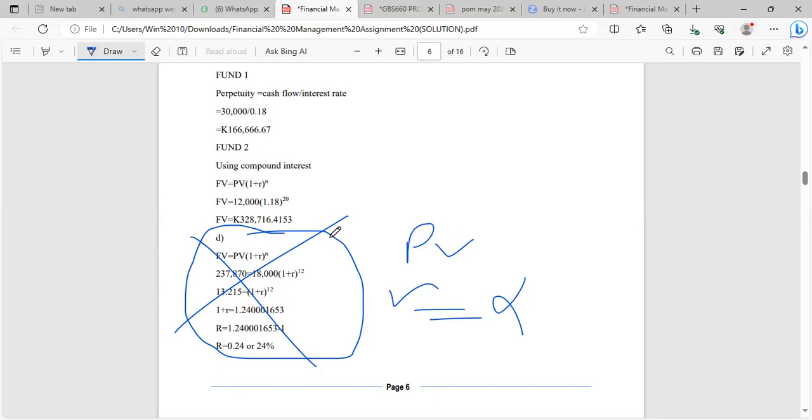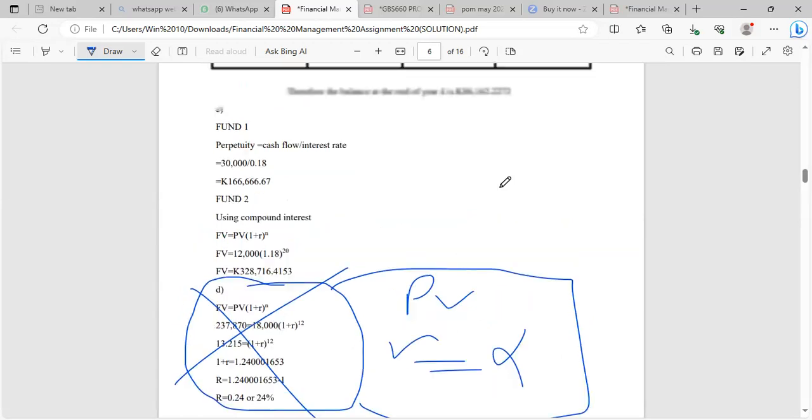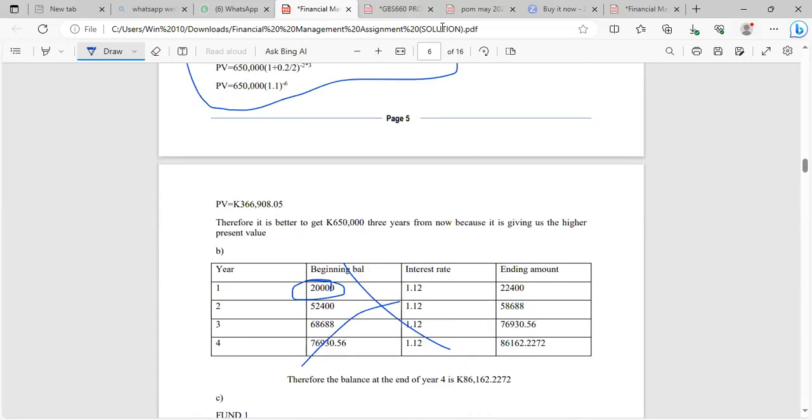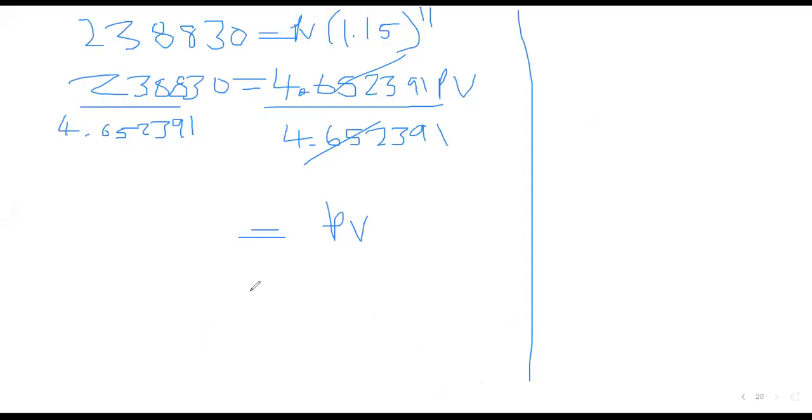Are we together here? Are people with me? Yes. So we are finding for the PV. So that's why the PV now gives us what? It's 51,334.889. So how much can we invest now?